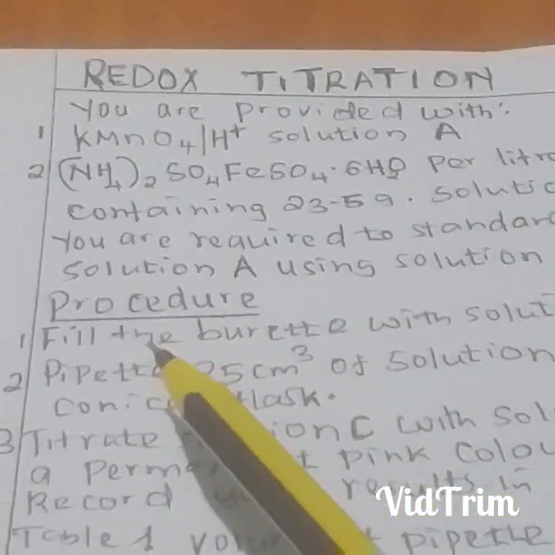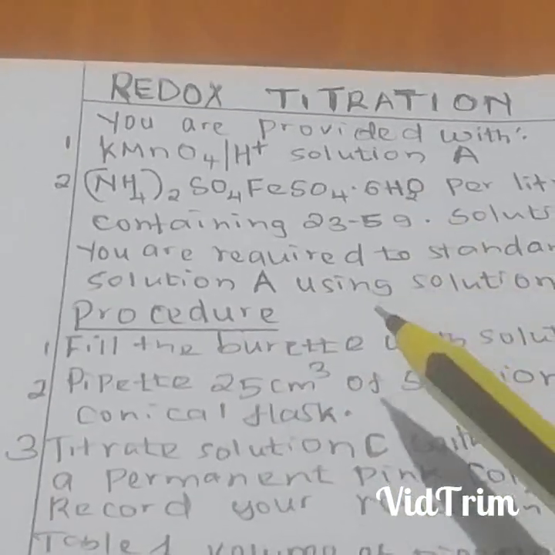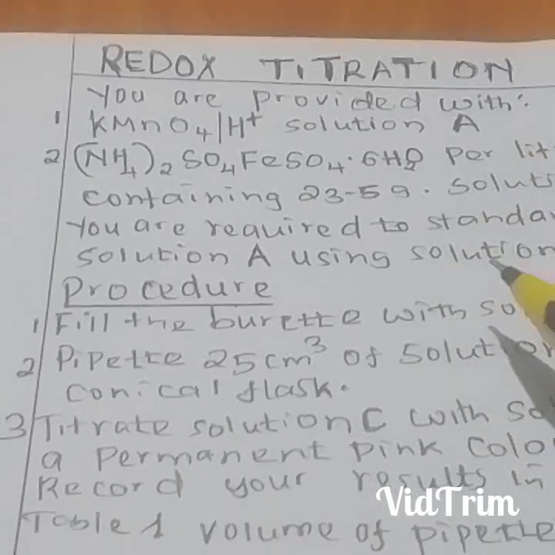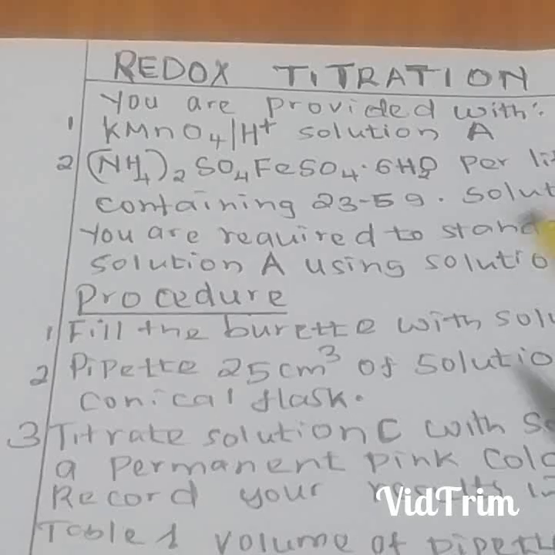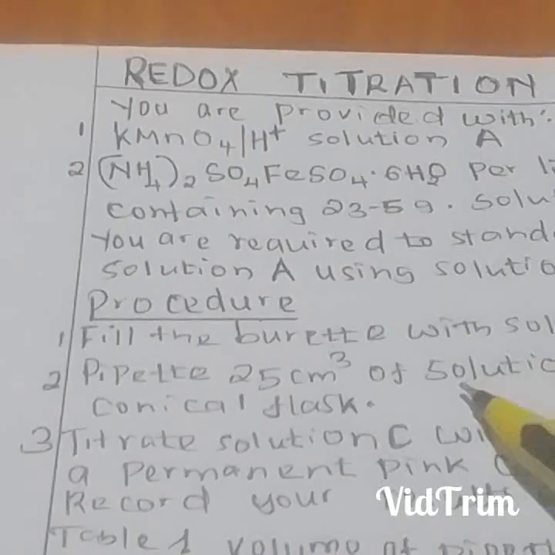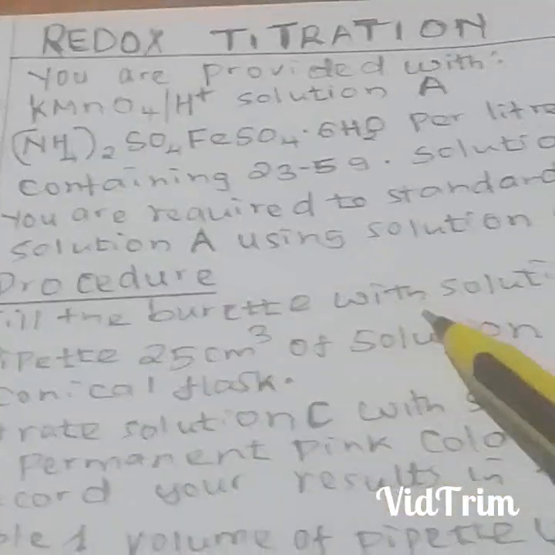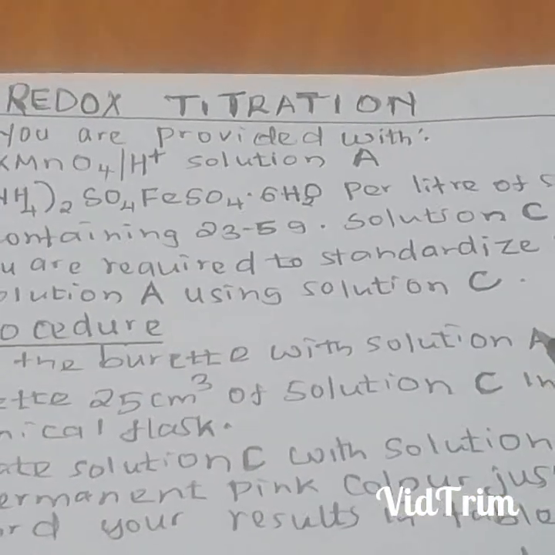Let us go to the procedure. Procedure number 1. And my student, procedure will always mean a lot. When carrying out the procedure, in fact, that is all about the whole practical. So 1, fill the burette with solution A. And what is solution A?